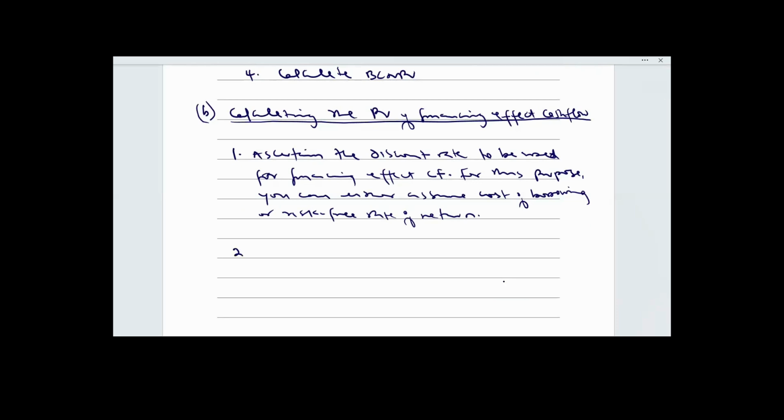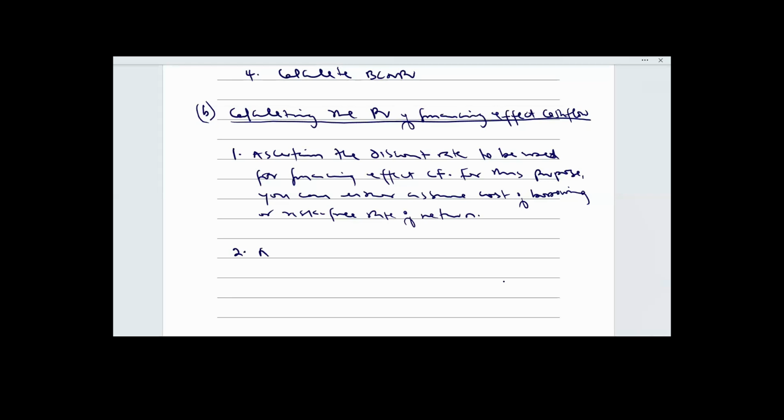Then the second thing you need to do before you start calculating the PV of financing effect is to ascertain from the beginning, for the cash flow arising from subsidized loan and the tax saved on interest, whether you want to use gross finance required or net finance required. Whichever of the two, you also need to state your assumption.